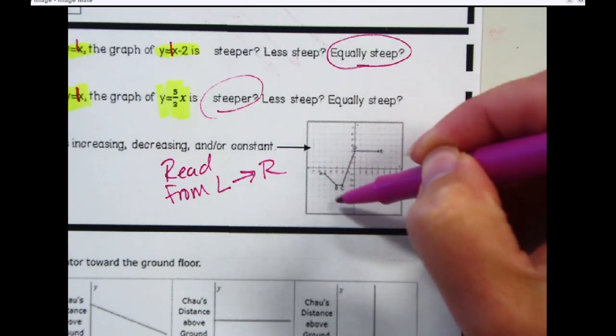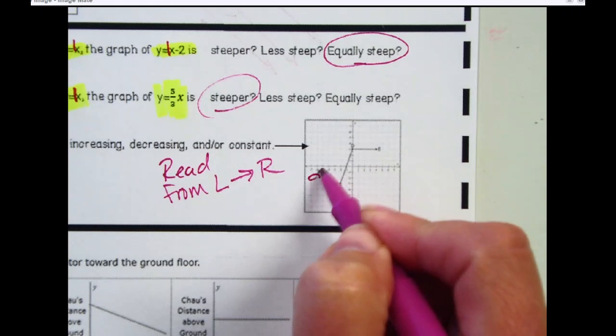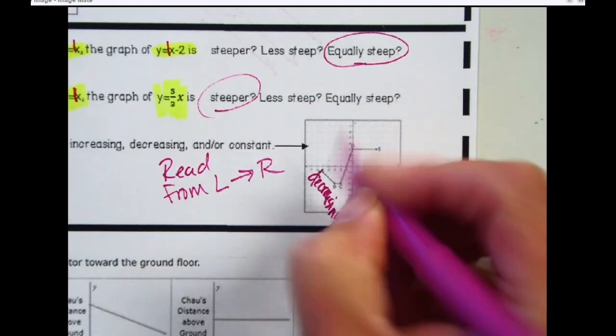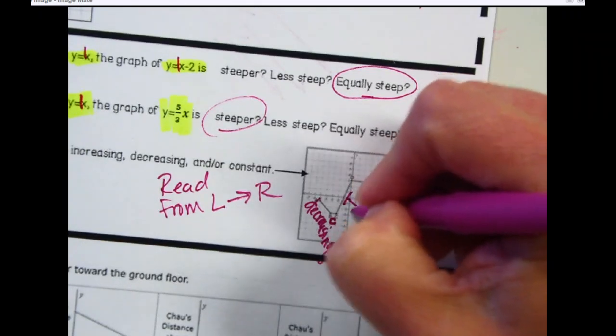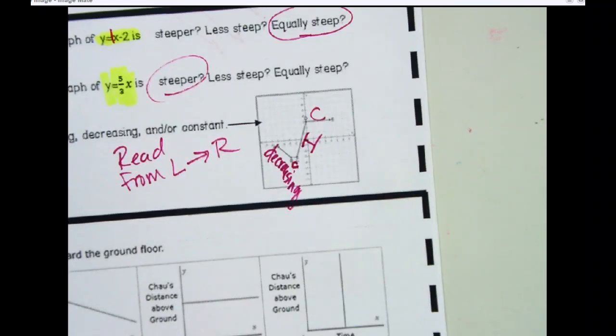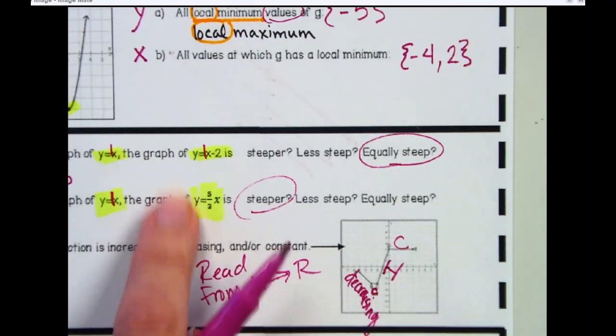Is it decreasing, increasing, or is it constant? Decreasing. And then it's constant, and then it's increasing. I don't have room to write all those. This one is increasing, and then it is constant. This is like the easiest thing. So far this was the hardest stuff right here.